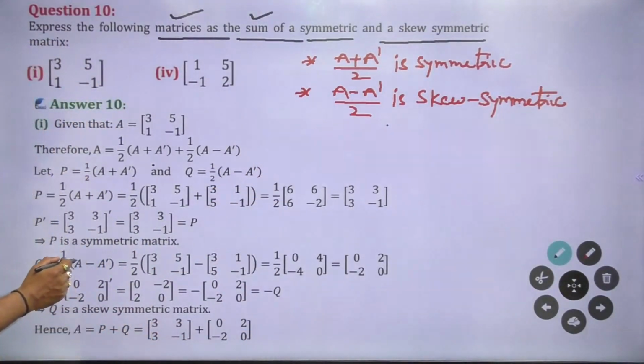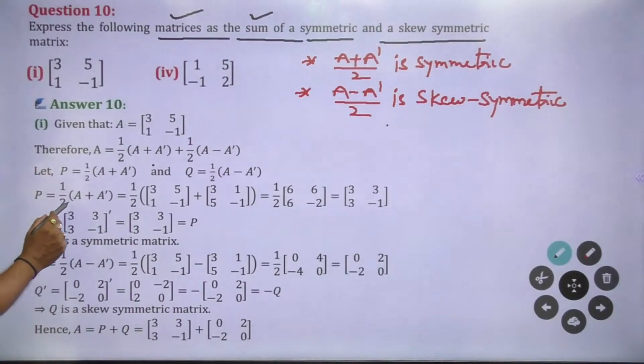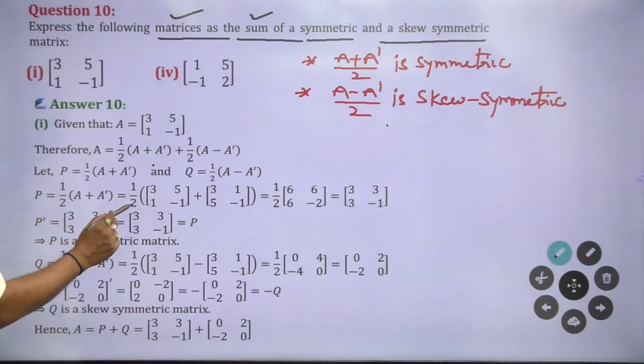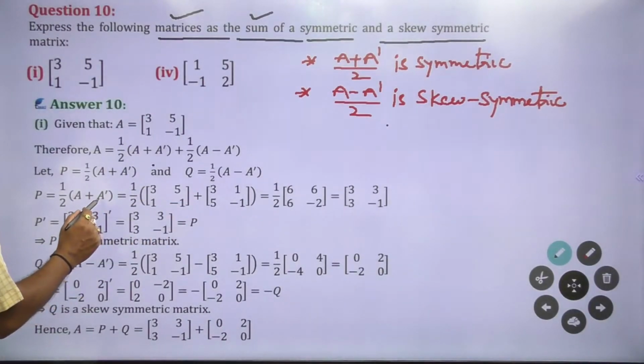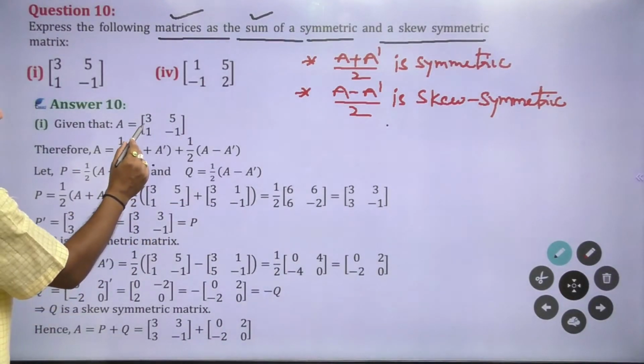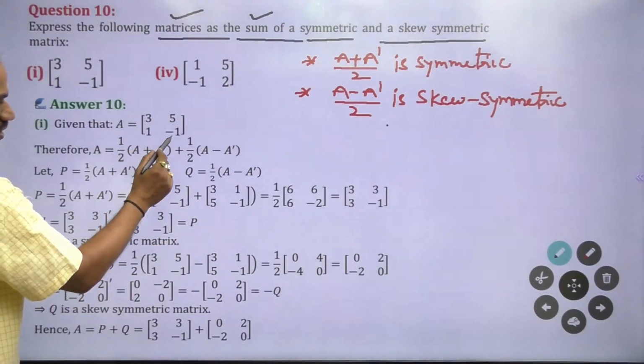First we calculate P. P is equal to 1 by 2 into A plus A dash, where A is this matrix, plus A dash, which means interchanging rows into columns: first row becomes first column, second row becomes second column.